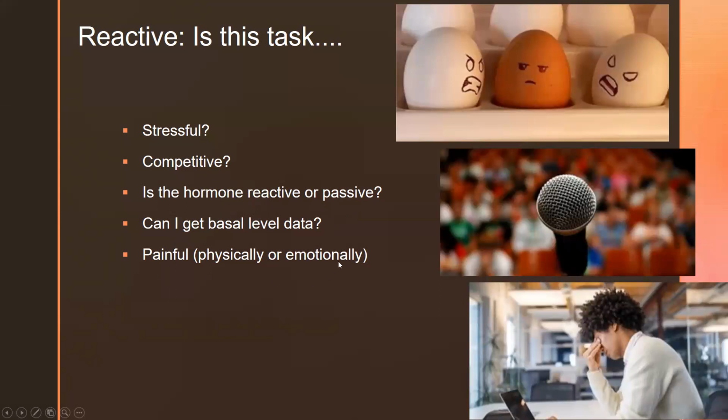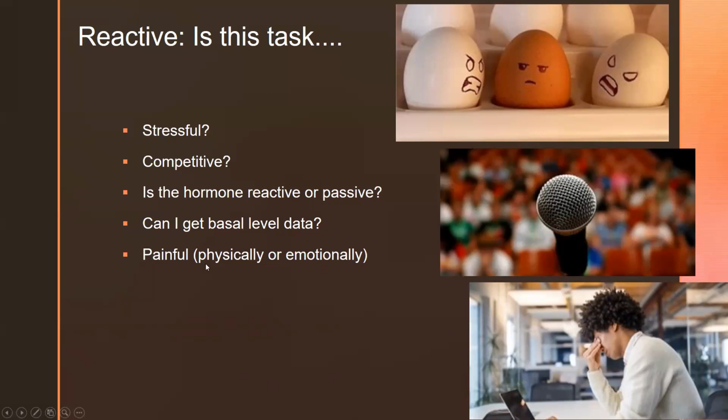And also you want to make sure that you can get basal level data. I have seen and have questioned myself, how do you know that this is reactive towards this specific task, or that this just isn't the way the person is? There are ways out of that, but typically it's a good idea to be able to capture basal data as well.